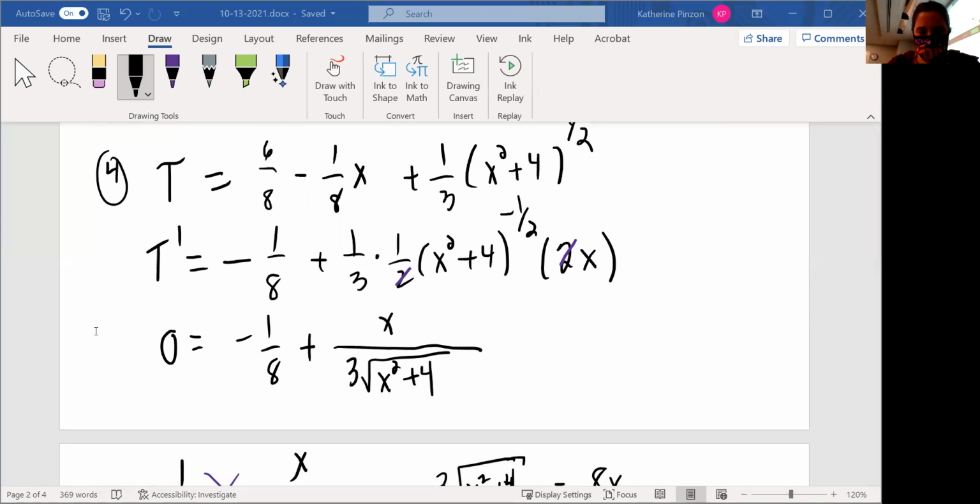So I had negative 1/8 plus x over 3 square root x squared plus 4. I'm looking for where it's 0. And that's right there at 0.809.